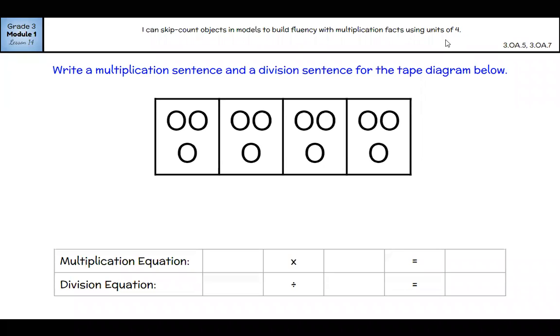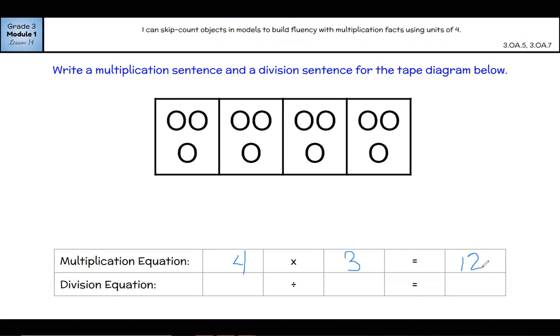Okay, same directions here. Write a multiplication sentence and a division sentence for the tape diagram below. So I have 1, 2, 3, 4 groups. I have 3 in each group. So 3, 6, 9, 12.